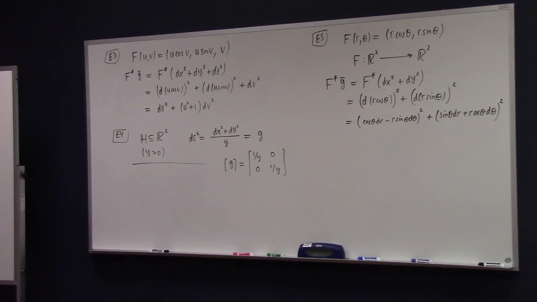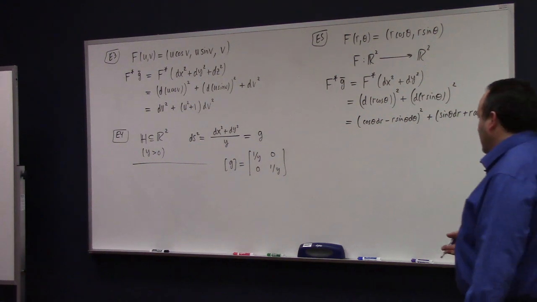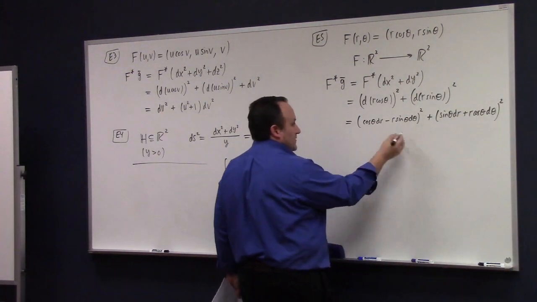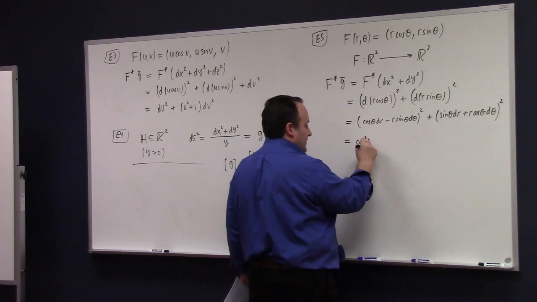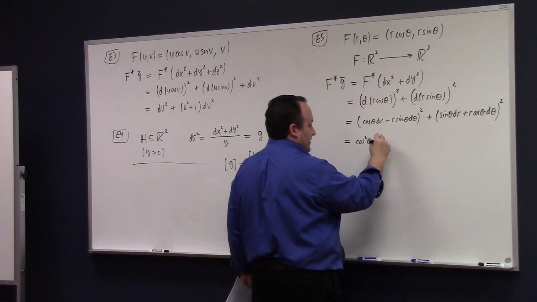Keep in mind that those squares are shorthand for taking the symmetric tensor product of these one forms with themselves, which works out to cosine squared theta dr squared.